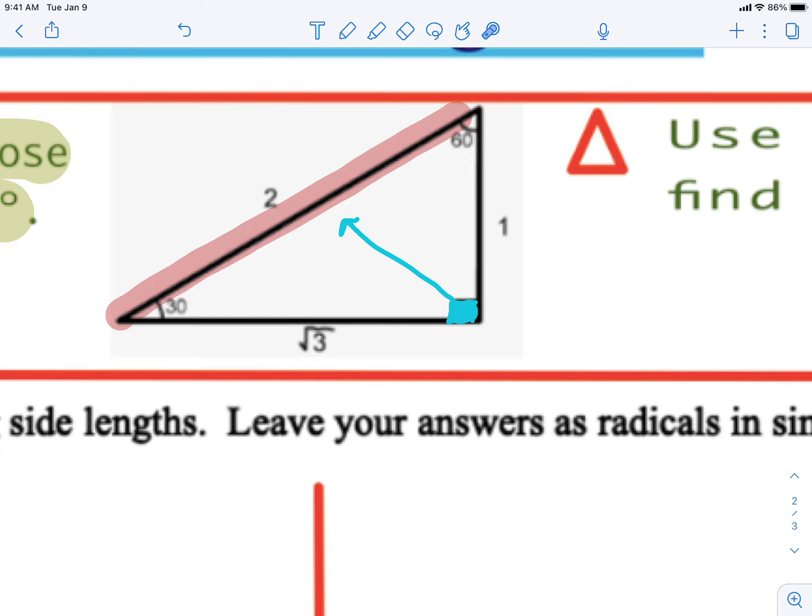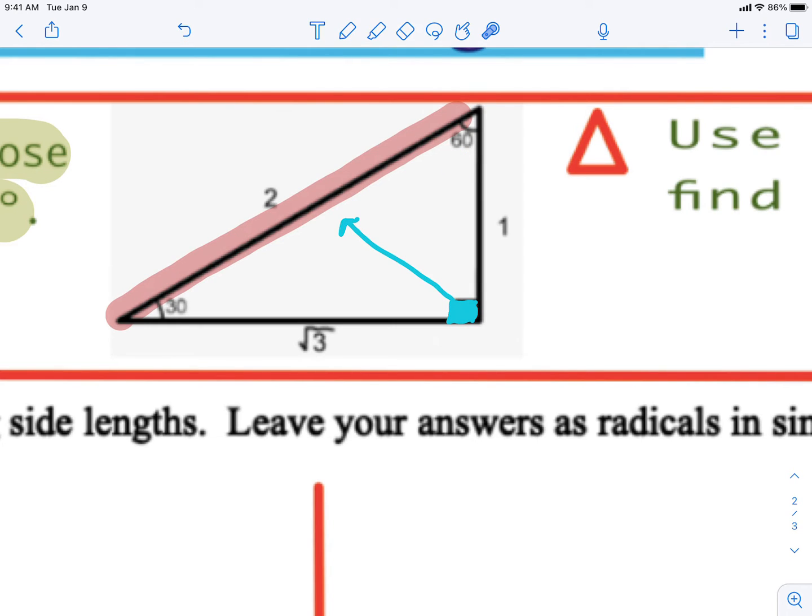And our hypotenuse has a proportion of 2. It's multiples of 2. The next shortest angle after 90 is 60. This is 60 degrees here.